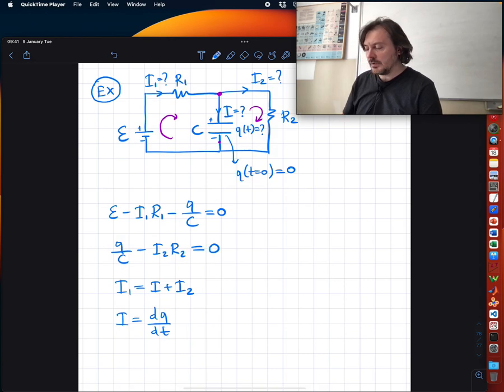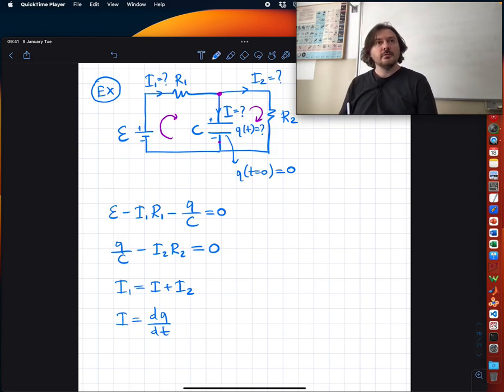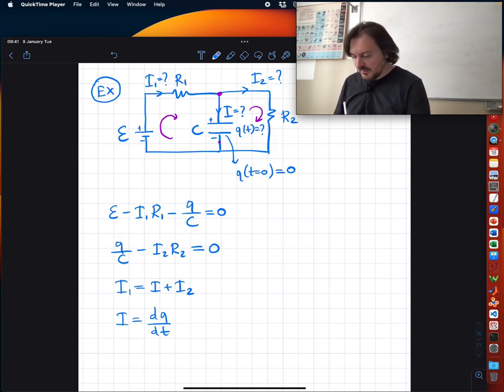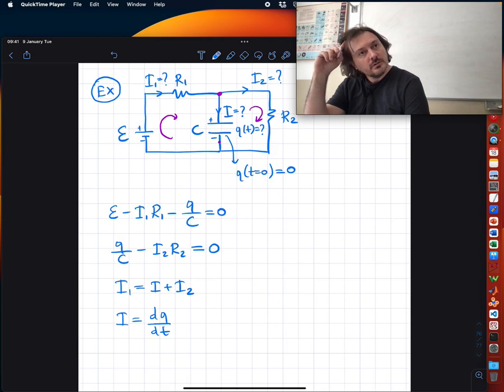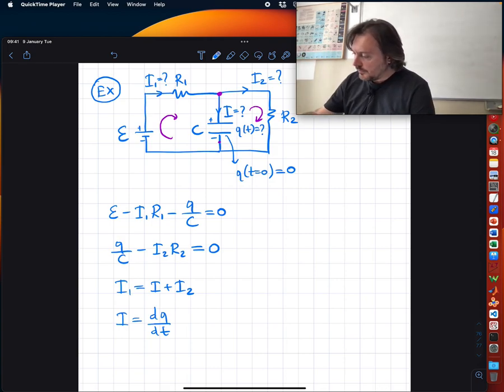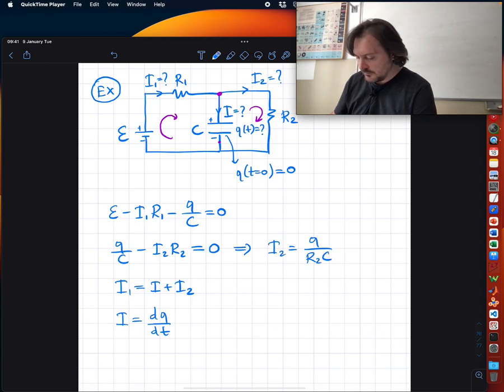Now we have 4 equations, 4 unknowns. Are you happy? So our aim is to bring these equations together and hopefully write down just one equation, and that's all. So for this one, I can write down I2 equals Q over R2C, right?